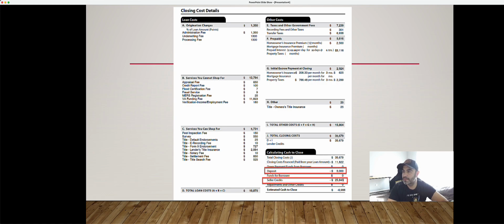Another tip that I tell people is to try to maximize the amount of seller concessions, but that all depends on the market. In this case, it ended up working out really good because they ended up getting the maximum VA allowed seller concessions, which was 4%.